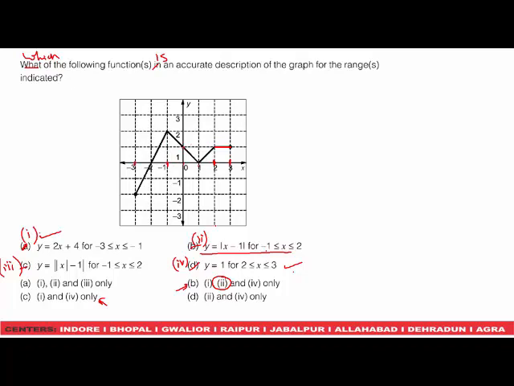At x equal to -1, y equal to 2. So here when we put x equal to -1, it is -2 and its mod is 2. So we will get 2. And for x equal to 2 we are getting 1. So this is also correct. So first, second and fourth, so option B will be the correct answer.